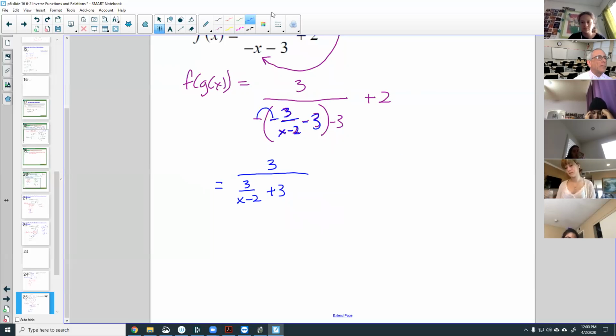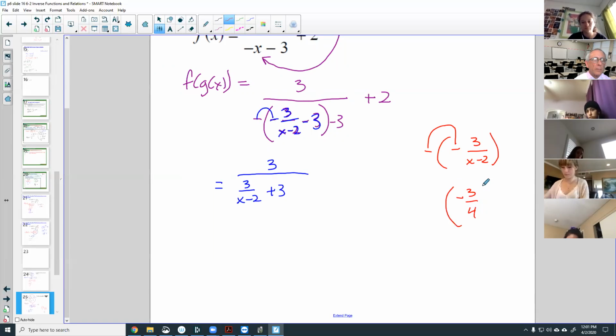So if I have, let's do that off over here to the side, if I have negative 3 over x minus 2, and I make it negative, that negative is going to just take out that negative. Let's use a different example. Let's say I had negative 3 over 4, and I make it negative. Do you agree that it's going to be positive 3 over 4? Yes? Okay.